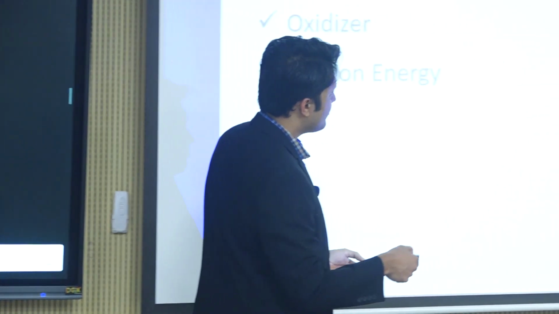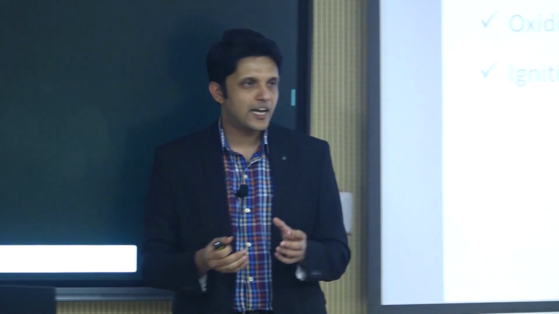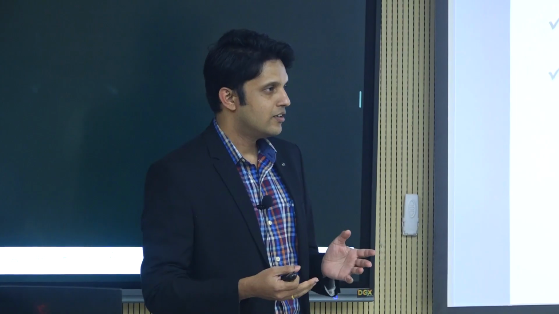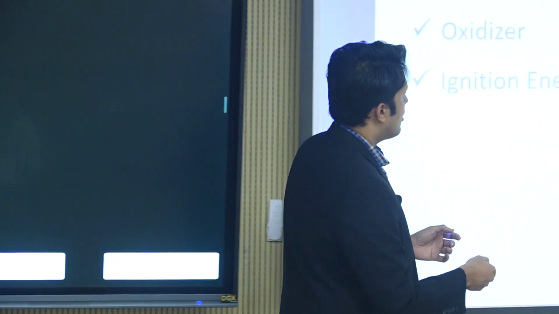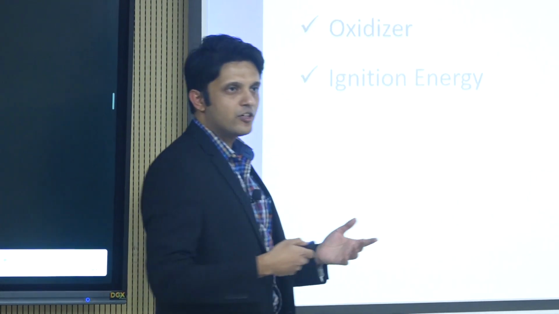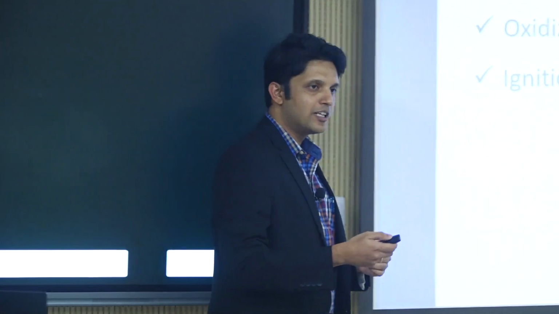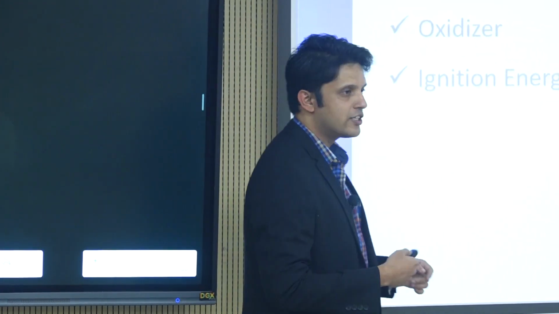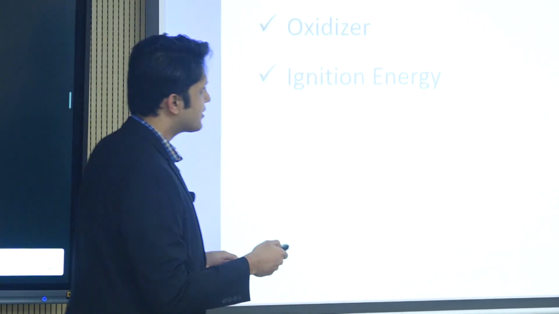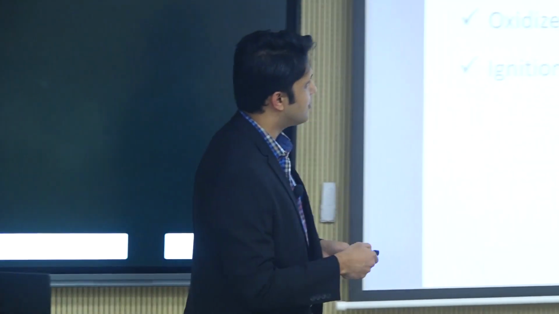We had to fill this chamber with a certain ratio of fuel and oxidizer that falls within the flammability limit. Depending on the fuel and oxidizer, if you have 90% fuel and 10% oxidizer, that is beyond the flammability limit, then even if you provide the ignition energy, it will not create this kind of flame front. So you will not be able to sustain this flame.